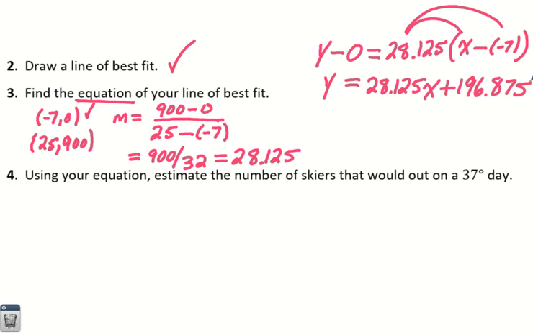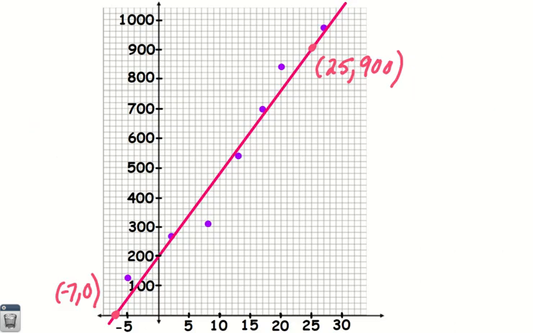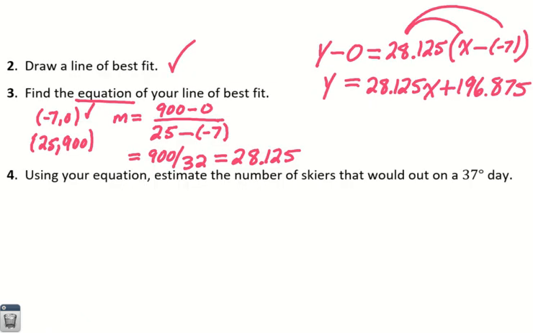And again, if we were all going by this line that I drew through these two points, that's an equation we should have, or something equivalent, where maybe instead of 28.125 and 196.875 you have an equivalent number, but maybe as a fraction.